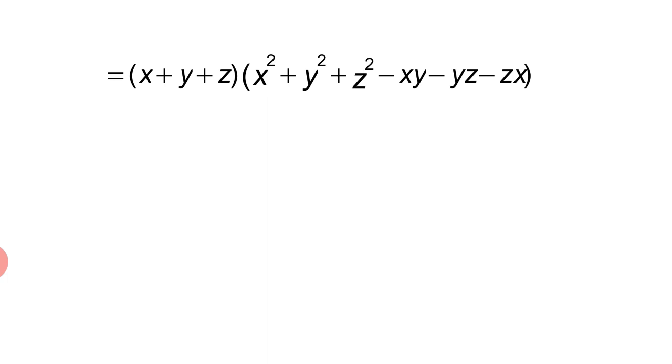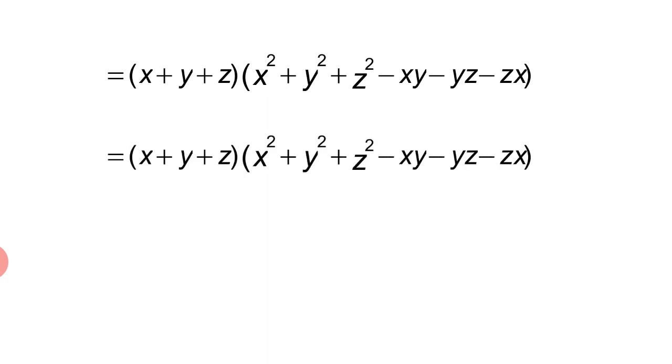Now this particular expression, is it familiar? Are you familiar with this kind of expression? We have used this kind of expression, and it is nothing but x cube plus y cube plus z cube minus 3xyz. This is an identity which we have studied: x cube plus y cube plus z cube minus 3xyz is equal to x plus y plus z into x square plus y square plus z square minus xy minus yz minus zx.